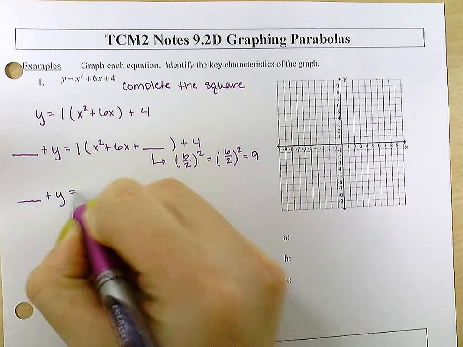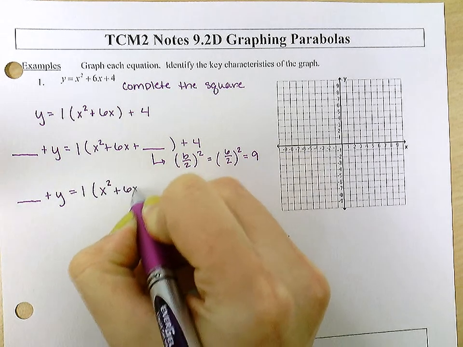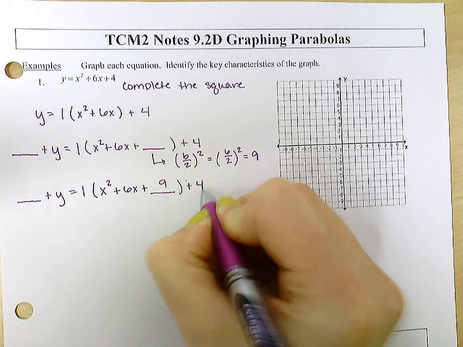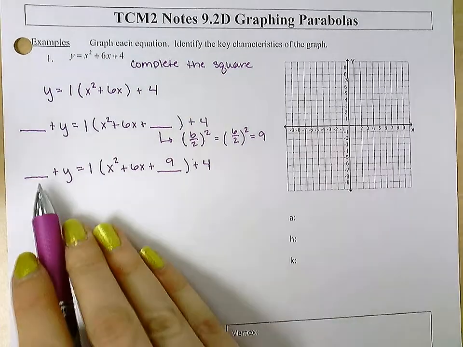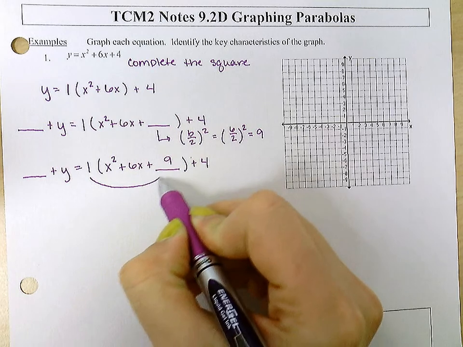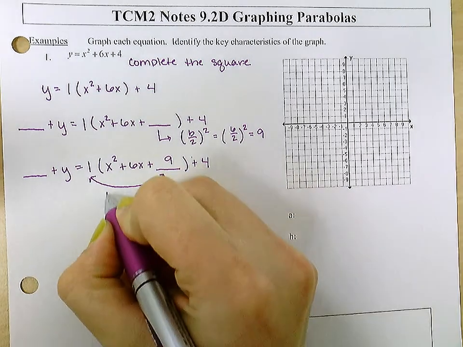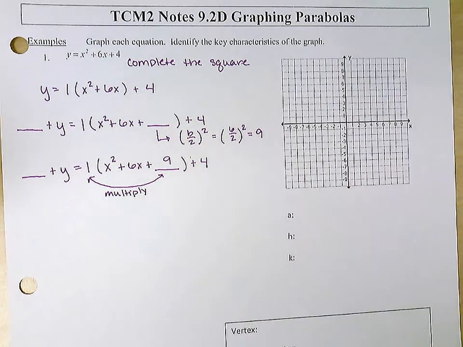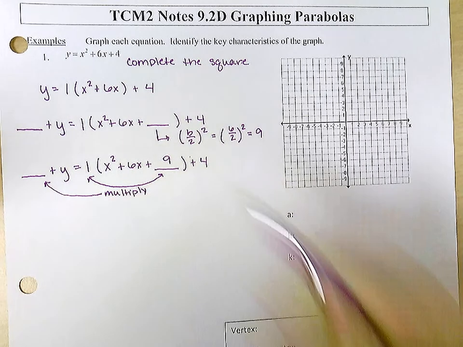Okay, so I still have y equals 1 times x squared plus 6x. Now in that blank space, I am adding 9, plus 4. Now remember, to get this one over here, you have to multiply these two numbers together to get this value here.